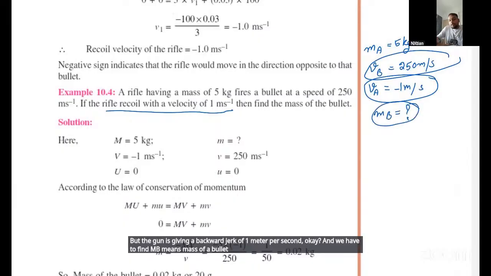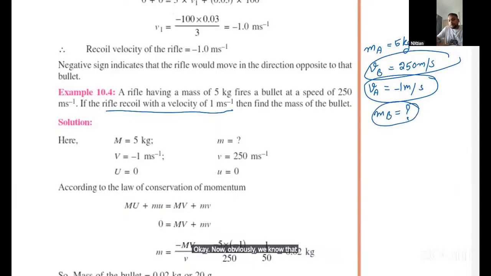Now, obviously, we know that when the bullet is not fired, initially it was 0. So I will write MA UA plus MB UB is equal to MA VA plus MB VB.